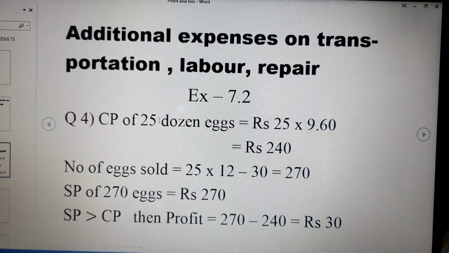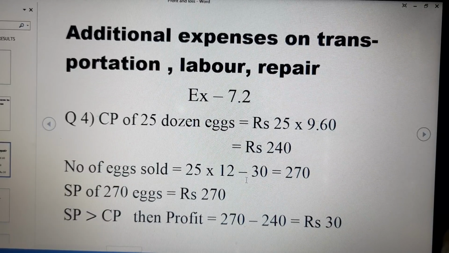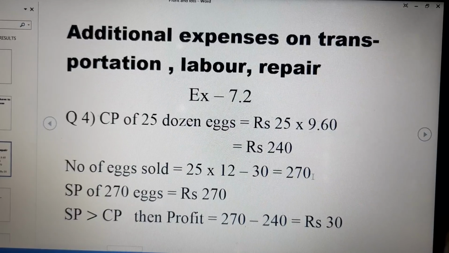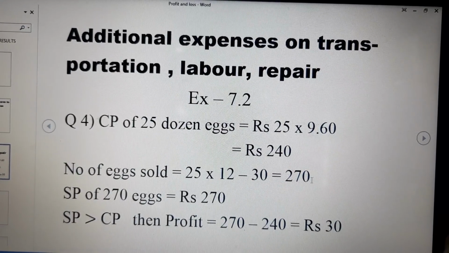So the total number of eggs in a dozen is 12. So 25 into 12, and 30 eggs were broken, so it will be subtracted. We will do minus 30. So we will have 270 eggs, fresh, proper eggs which can be sold.